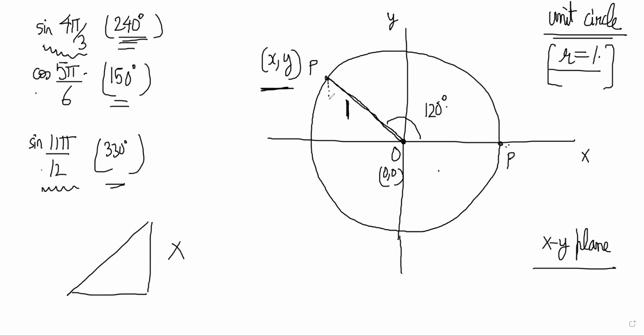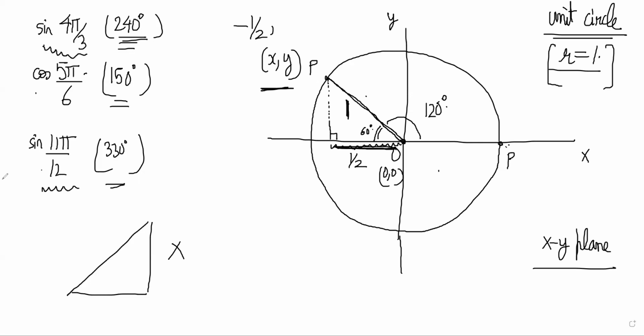You can roughly draw a right angle triangle like this, and you can see that this angle is 60 degrees. So this distance by 1 is going to be cos 60, which is half. So this x coordinate will be minus half, right?